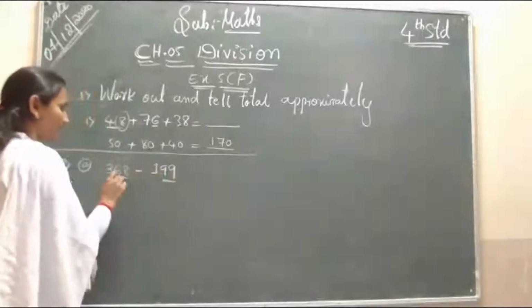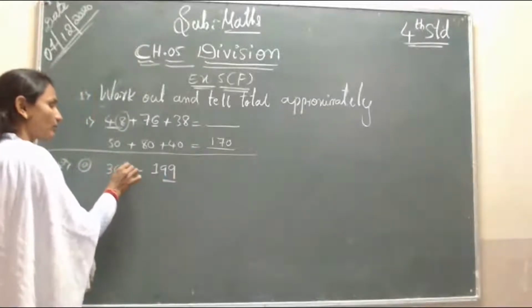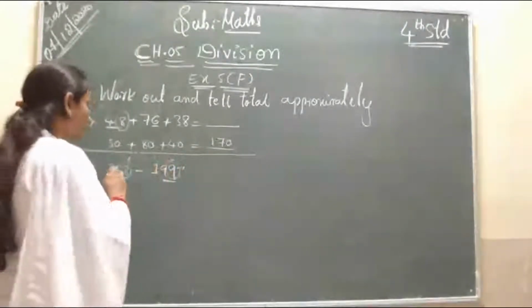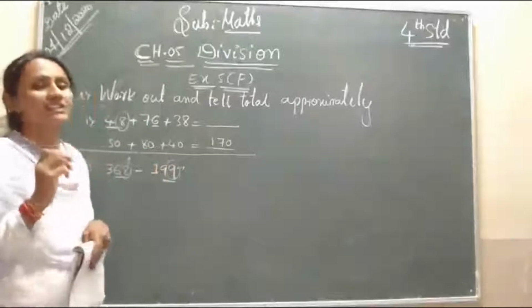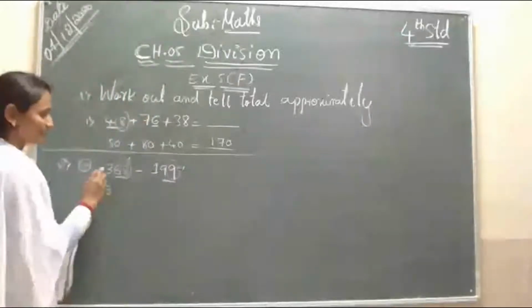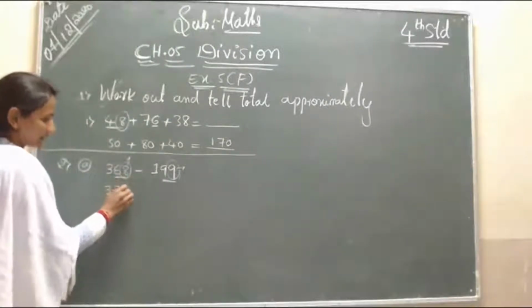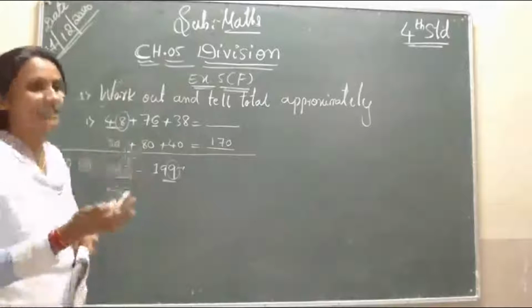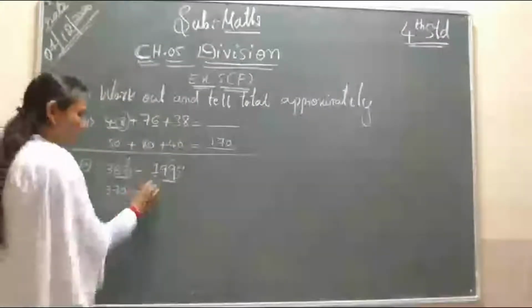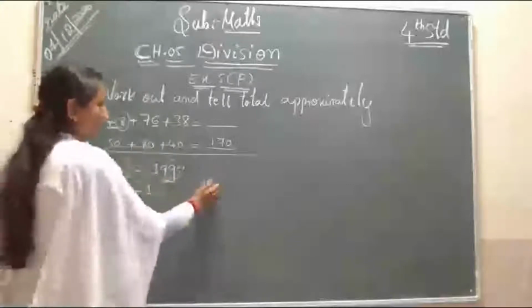Students, in 368, the last number 8 is a strong number, so 68 rounds to 70. Next, 199: students, don't write 99, write 100.